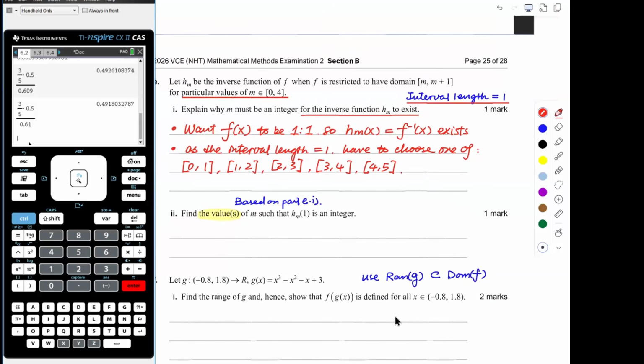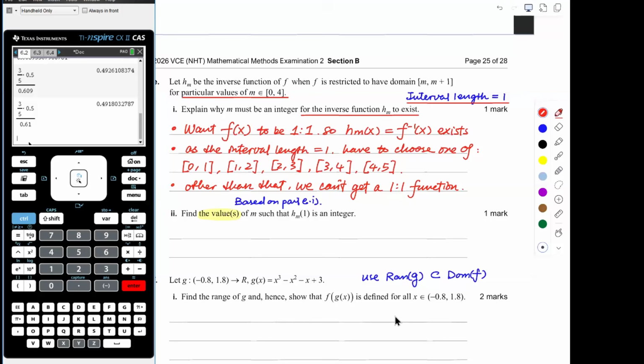Other than those options, those restrictions, we can't really get a 1-to-1 function. Or you could give a counterexample, but that's less rigorous.